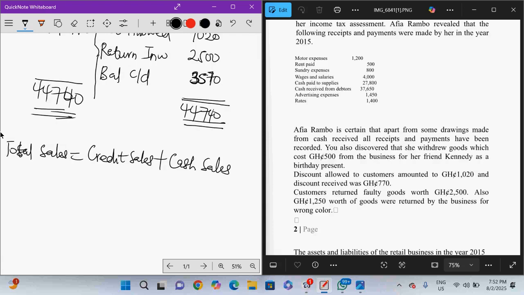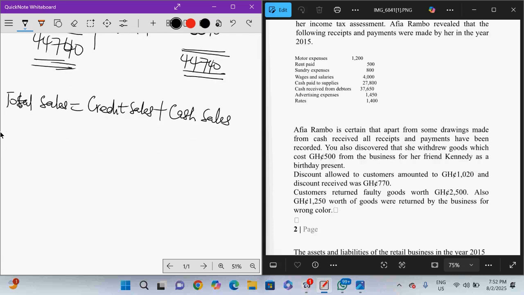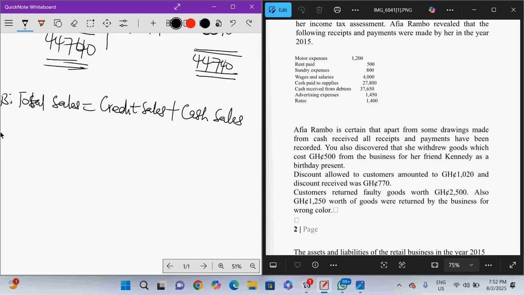If in the question they give you cash sales, you add it to the credit sales that we found here and get a total sales. That's what you use to prepare your income statement. But if there is no cash sales, then your total sales become the credit sales, and that's what you send to the income statement. All right. So now let's go to the purchases ledger.